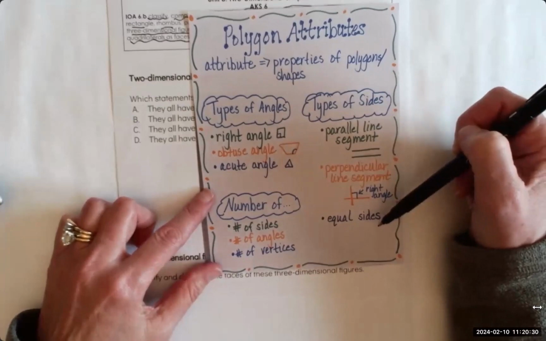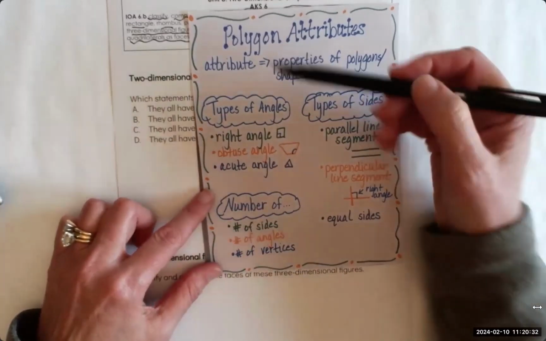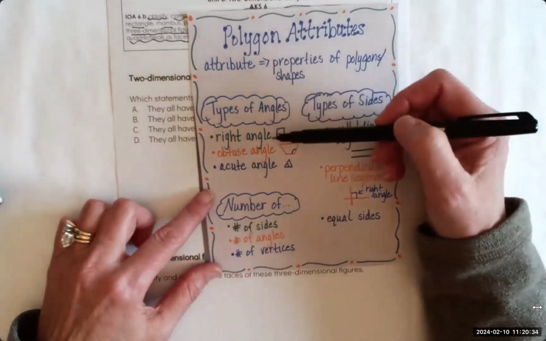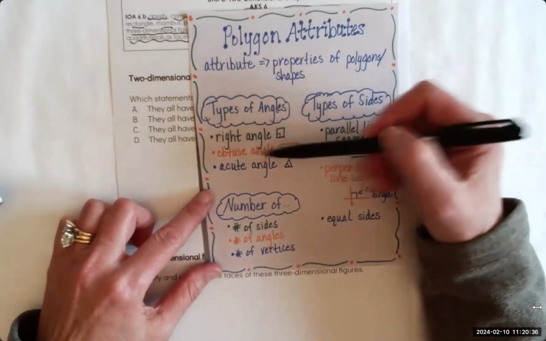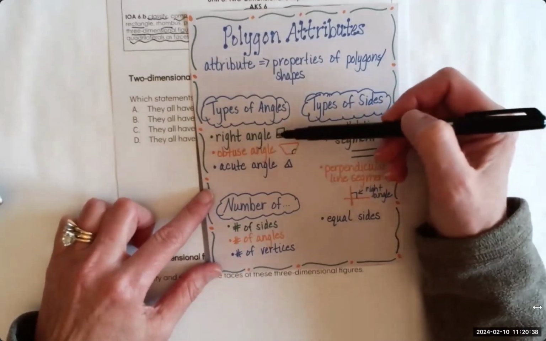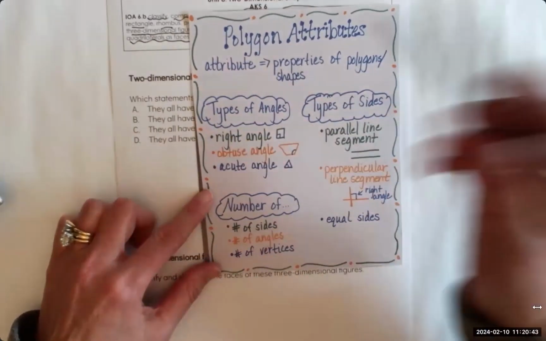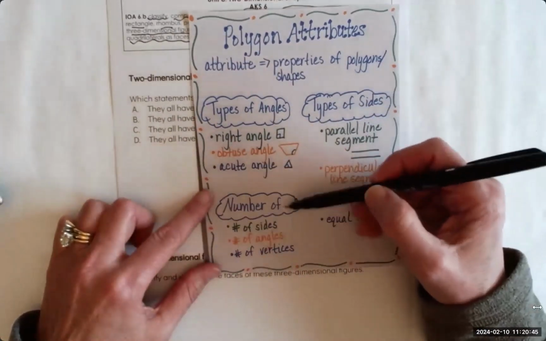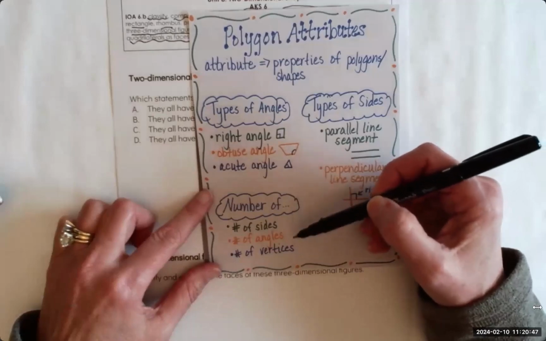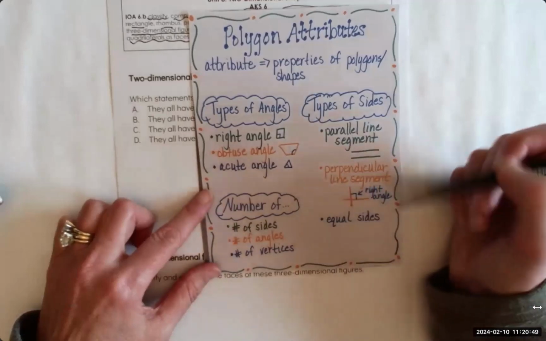Are all sides equal? That's something they need to consider. The different types of angles, specifically a right angle and an obtuse angle as it relates to a right angle, and an acute angle as it relates to a right angle, along with their background knowledge of number of sides, number of angles, and number of vertices from second grade.